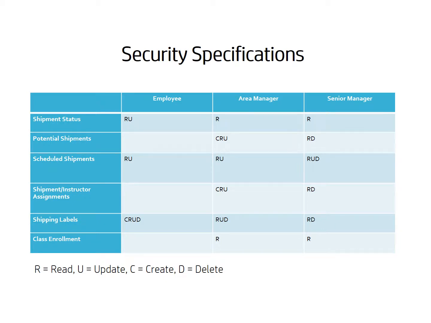The senior manager is the only person who has the ability to delete any types of data besides shipping labels. And the area manager is the only one who has the ability to create anything besides shipping labels. Other than that, they are able to read and update as indicated.